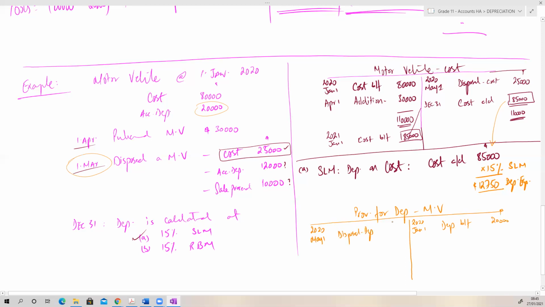Depreciation on the asset that was sold comes out from here. How much would I be writing over here? Disposal depreciation, this 12,000.